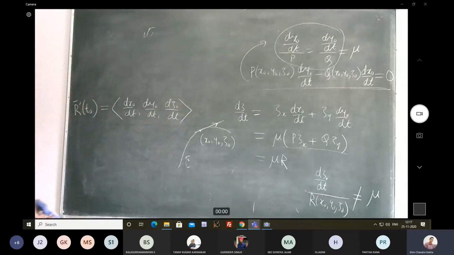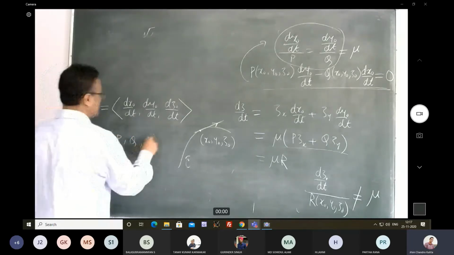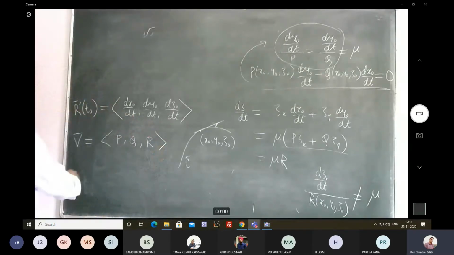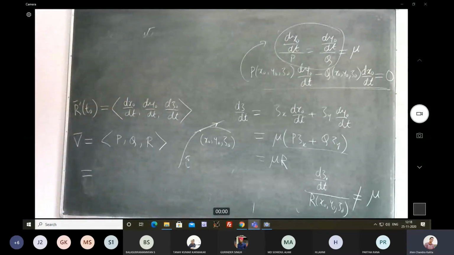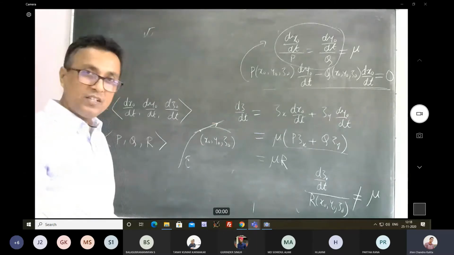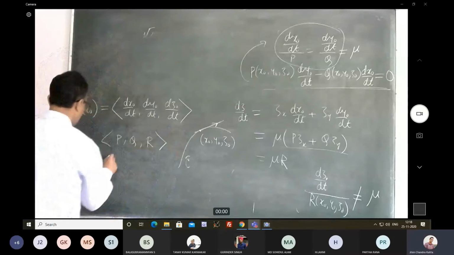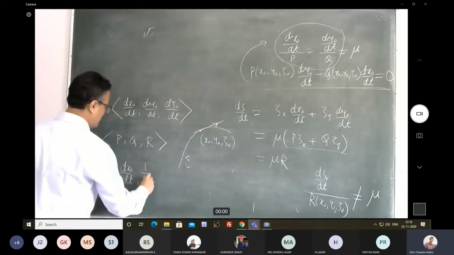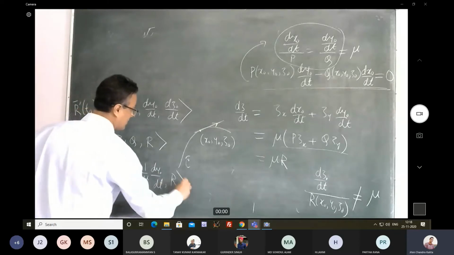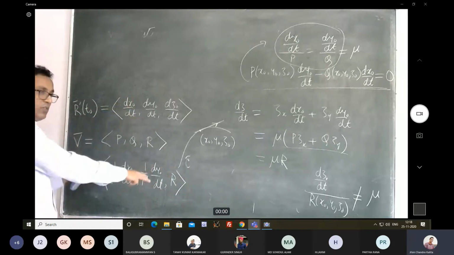So now the vector b, what is it? Vector b is given by your P, Q, R, right? So now under this condition, what is going to happen? You can write P to be equal to 1 by mu dx naught dt, and Q to be equal to 1 by mu dy naught dt, isn't it? Is it okay? Fine. So it is going to be something like this. So far so good. Is it okay with everybody?